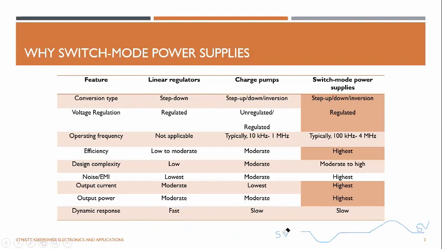In most power electronics designs, if you need more dynamic response, you can take this high efficiency buck converter and add a linear regulator LDO just after the buck converter.